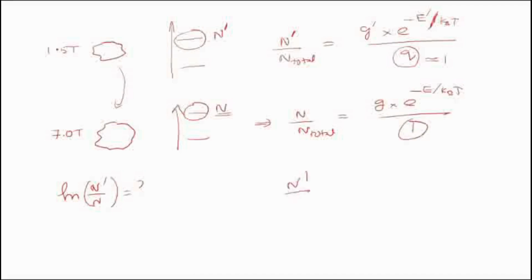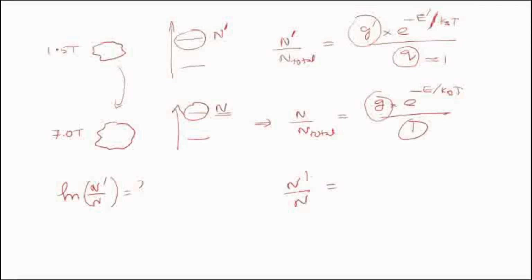So what will be the ratio? n prime by n is equal to, listen, degeneracy: both systems are the same system, so degeneracy should be equal, whether you apply 1.5 Tesla or 7.0 Tesla. Only the population will differ. The energy levels and degeneracies remain as such. Therefore G prime and G are one and the same. So if you divide n prime by n, G prime and G get cancelled.